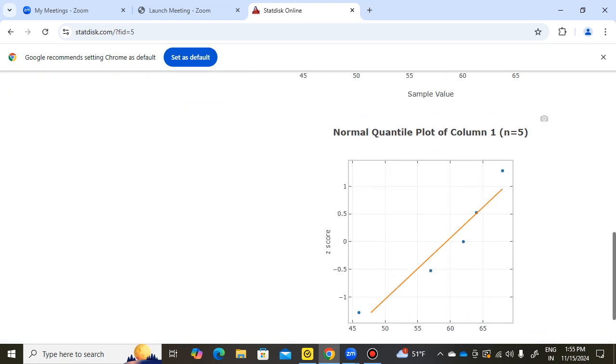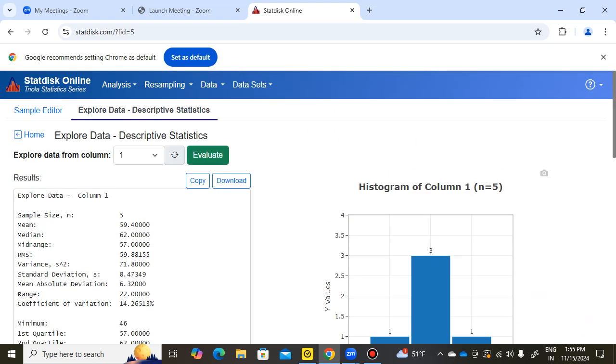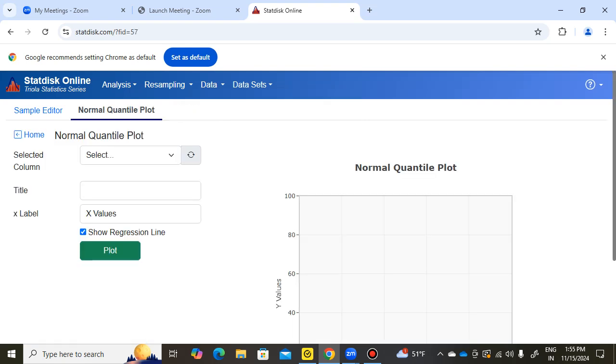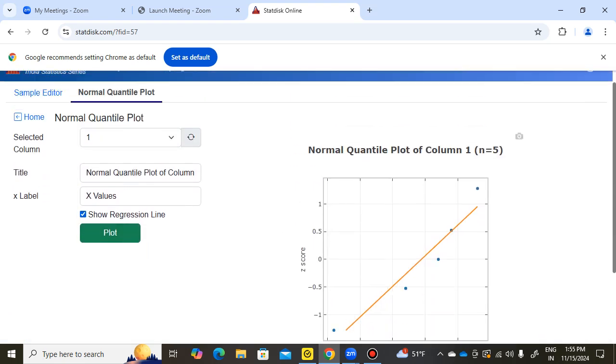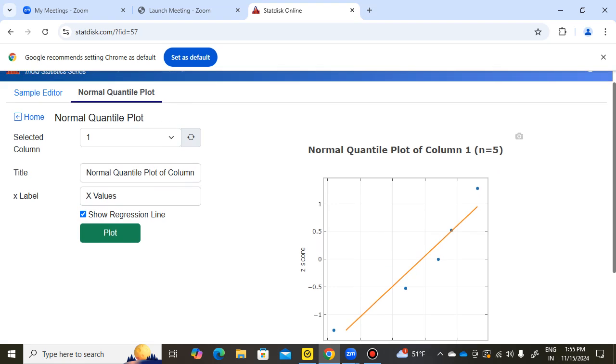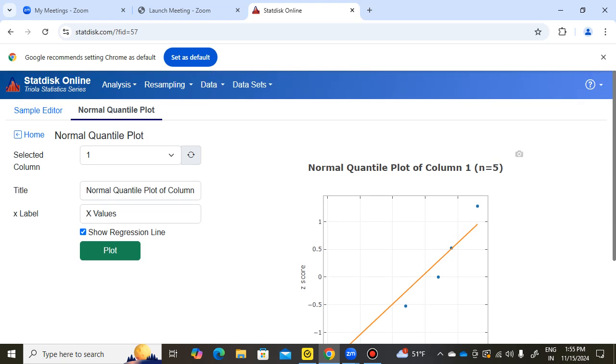It's the last one here, and we can see it's pretty close to that straight line. Another way, we can just go to the normal quartile plot. And here we can take away the regression line if we want to, or we can put it back. It's pretty much the same plot. We really can't do anything else. We can title it, but that's about it. So it doesn't really matter which one you look at there. Again, we can see the points are pretty close to that straight line.